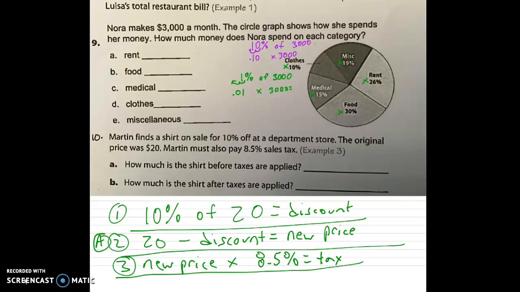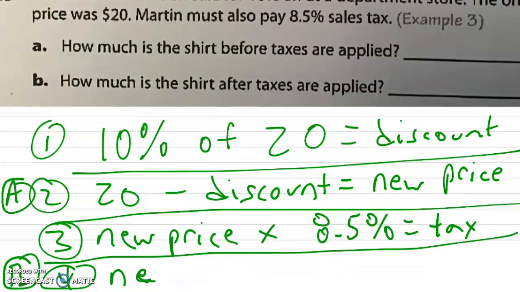Then the final step, which is step 4, would give you B. You would take new price, I don't know why it's not writing, sorry, new price plus tax equals total.